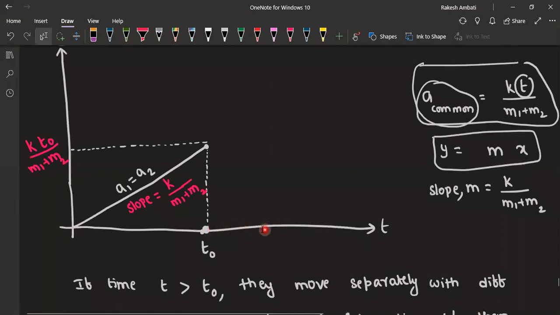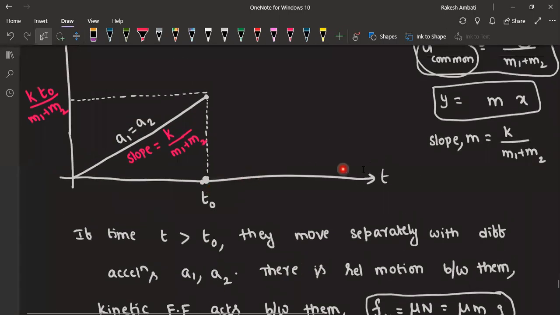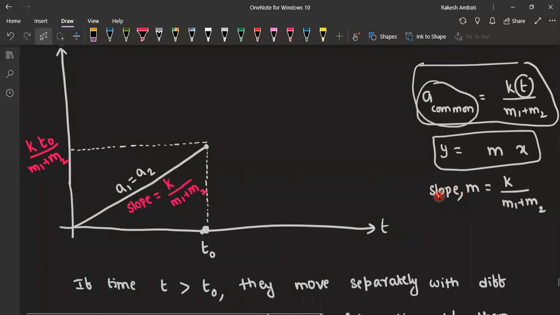Up to t naught, M1 and M2 are moving together. Now after t greater than t naught, how is the M1 block moving? Constant acceleration, parallel to the x-axis. It is A1.